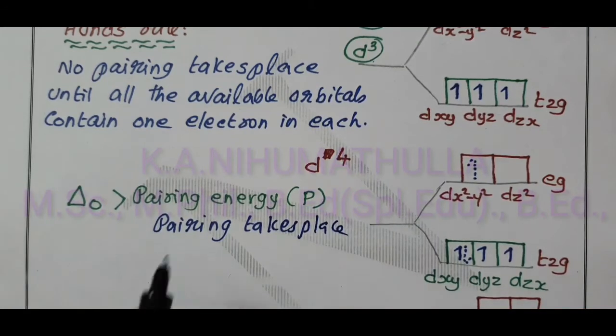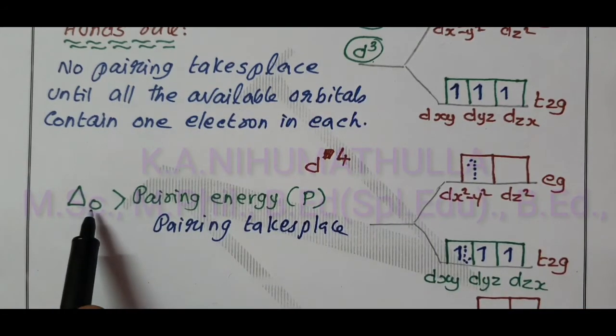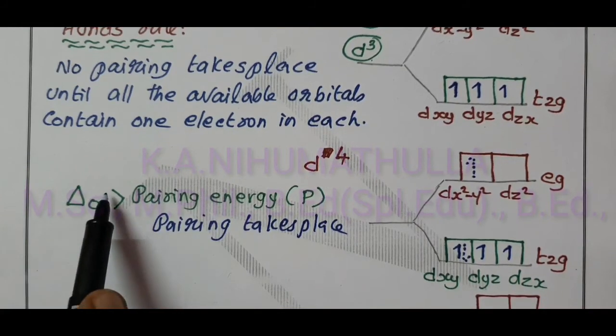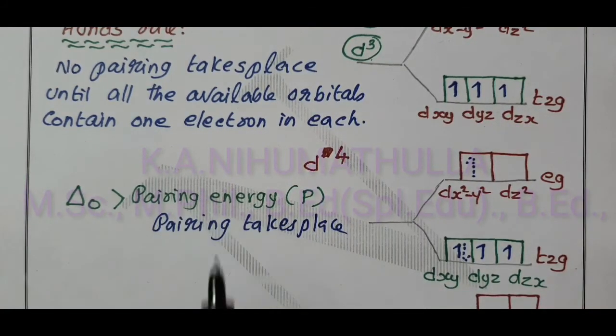So the condition is that the octahedral crystal field splitting energy is greater than the pairing energy. Pairing takes place. How? 1, 2, 3, and the fourth electron is paired up with the first electron in the t2g orbital.